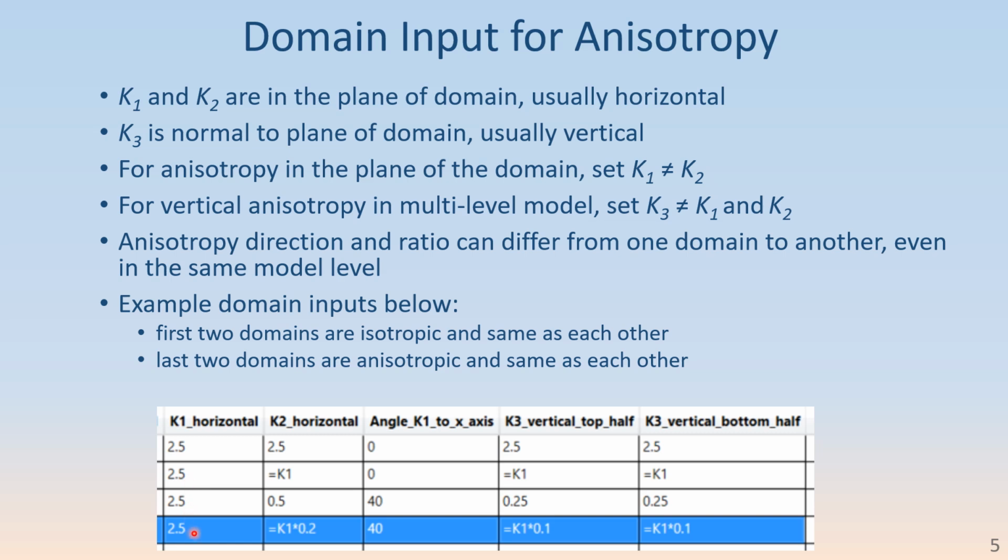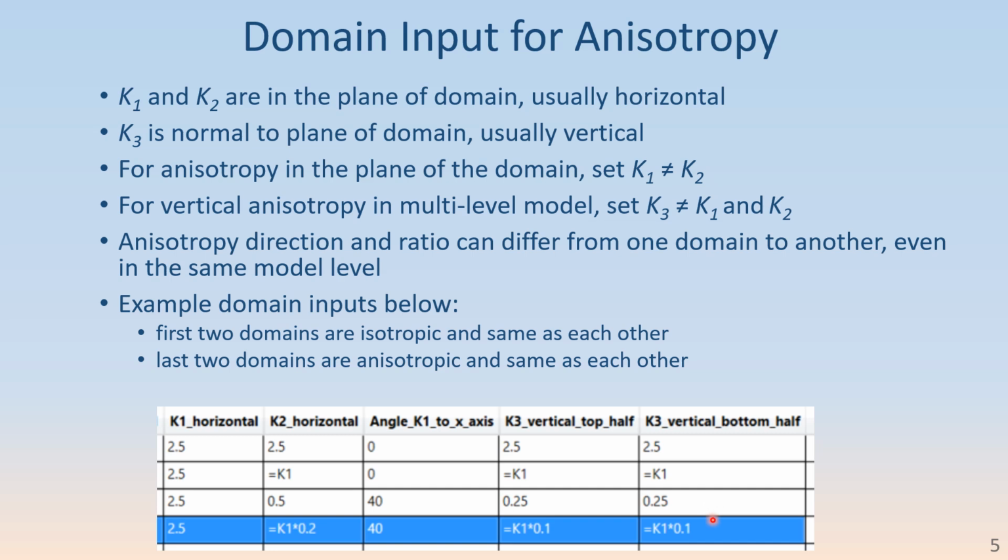The second two lines are also equivalent to one another, but have anisotropy. This first one, K2, is 1/5 of what K1 is, and another way to write that is equals K1 times 0.02. And K3 is 1/10 of K1, and here's another way to write that.